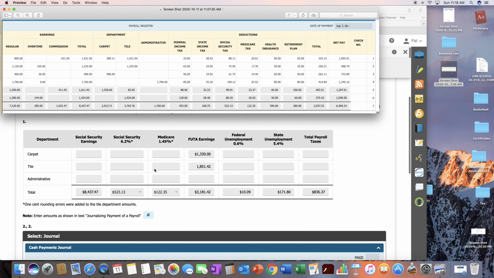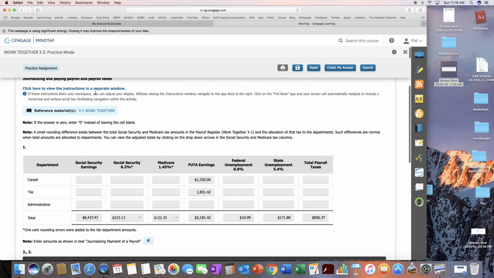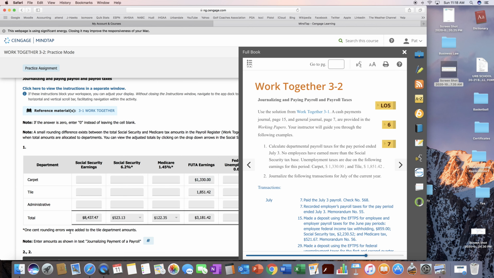Okay. So the first thing we have to do, and I guess if you wanted to look at those directions quickly, I filled in a few things already. I just put some totals in so we didn't have to wait for me to type them. Some of this information is given to us. Federal unemployment taxable earnings is here and here.